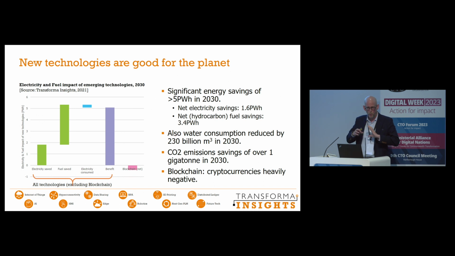And we've calculated that by using these various different use cases, I'll talk a little bit about the individual use cases in a moment, but collectively using these various use cases, there's something like 5 petawatt hours of energy saving by 2030. Now, I'm pretty sure if you're anything like me, you won't be able to visualize in any way what 5 petawatt hours of energy looks like.